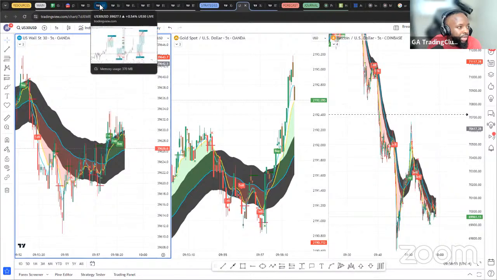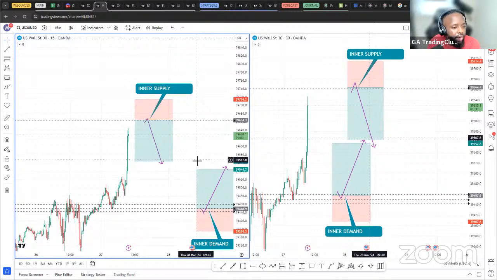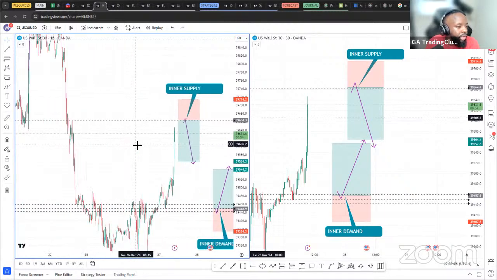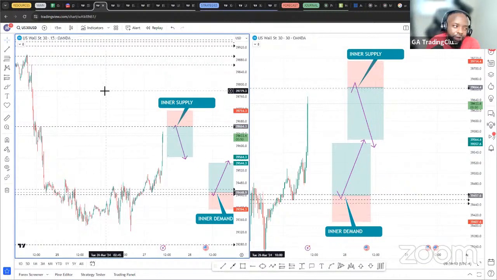There's definitely some selling pressure on US 30, but hoping we tap in this 39,664 area before any possible dump. The other part for this US 30 trade as well, so always look at structure as well.